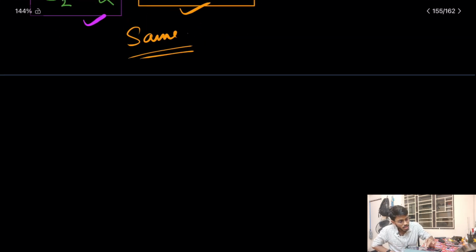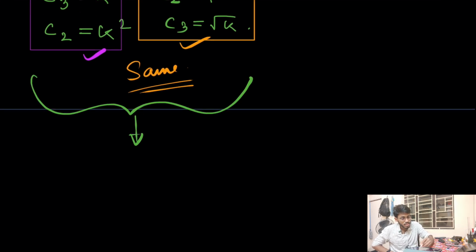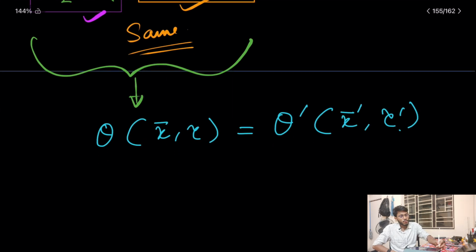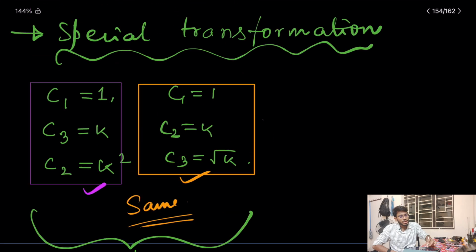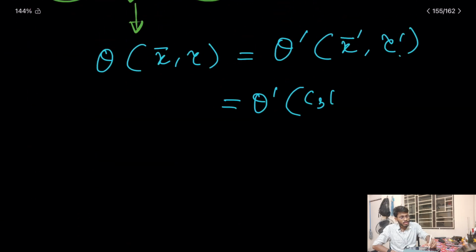Now if I am having this kind of transformation, then I can say that my theta, which is a function of x bar and tau, is equal to theta dash, which is a function of x bar dash and tau dash, where x bar dash is not arbitrary but is C3 into x bar, and tau dash is equal to tau into C2, right?